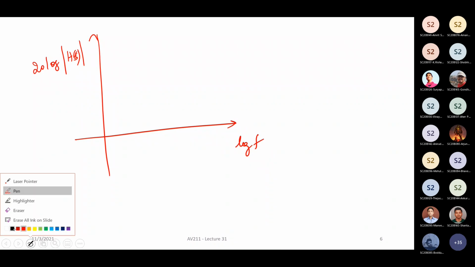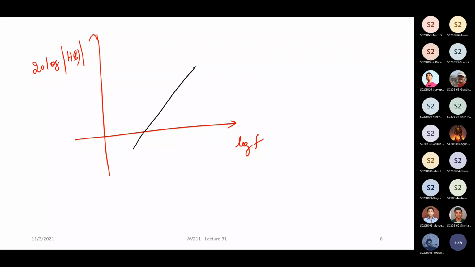What you will see is a high pass filter type response, and this corner is 1/(2 pi C RF). This is where it reaches 0 dB, and then basically it's a differentiator, so it just keeps extending like this.